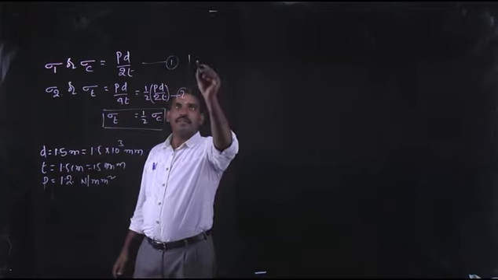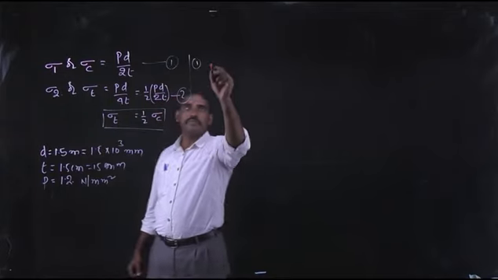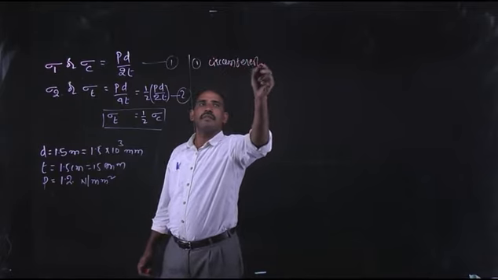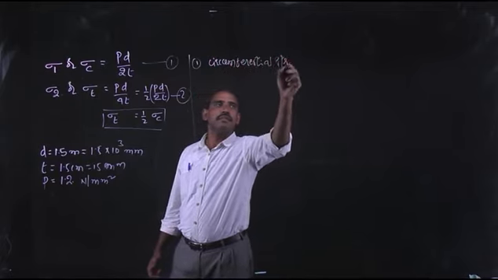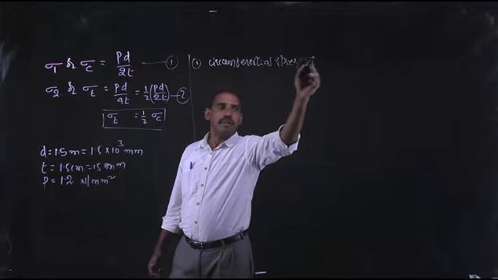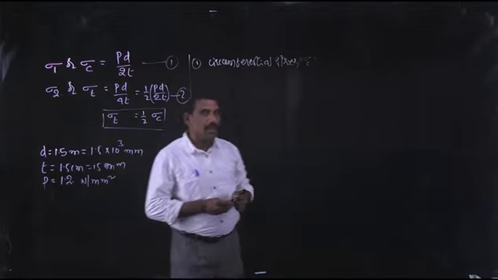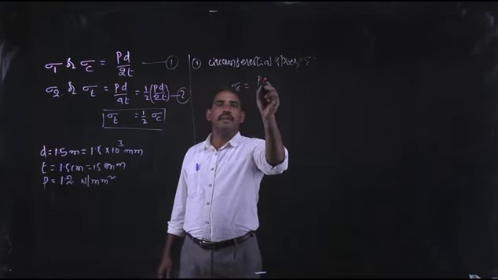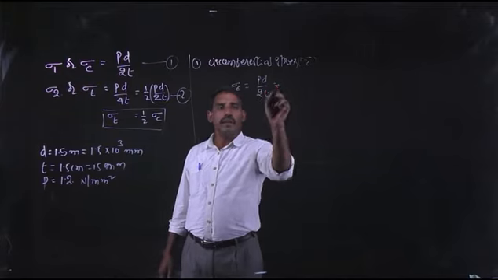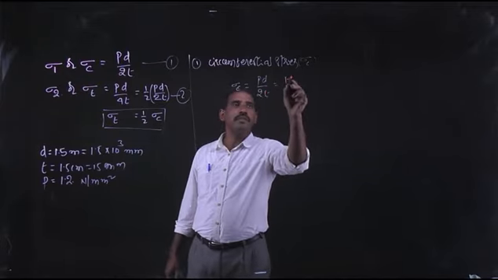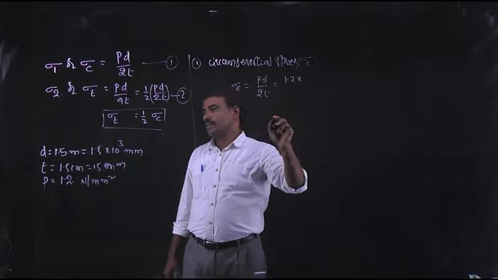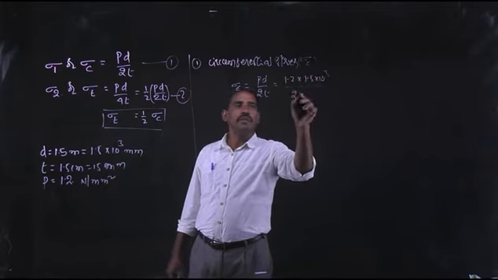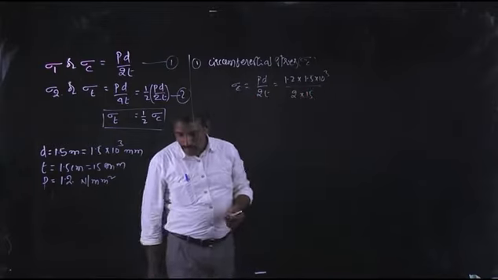Therefore, the circumferential stress, represented by sigma c, is equal to PD by 2T. We know the P value is 1.2, D is also given, that is 1.5 into 10 cube, whole divided by 2 into T, which is 15.